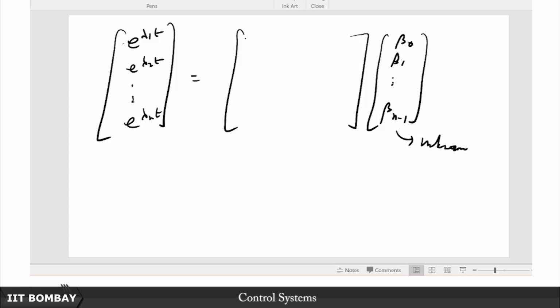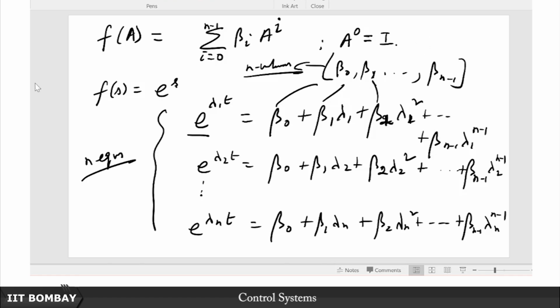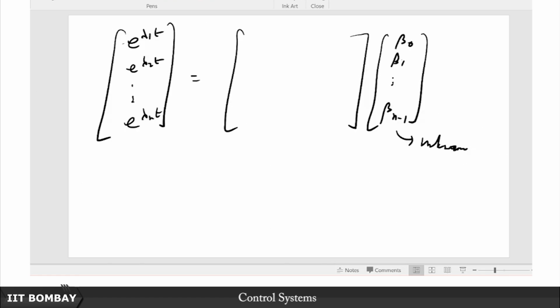And this is going to be 1 1 1 1 1 1 like this. This is going to be lambda 1 square dot dot dot till lambda 1 to the power n minus 1. It's going to be lambda 2 square dot dot dot till lambda 2 to the power n minus 1, like this till lambda n to the power n minus 1, lambda n.